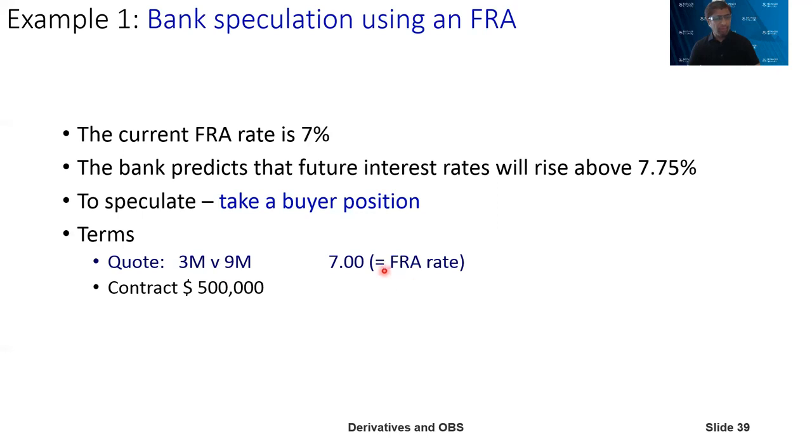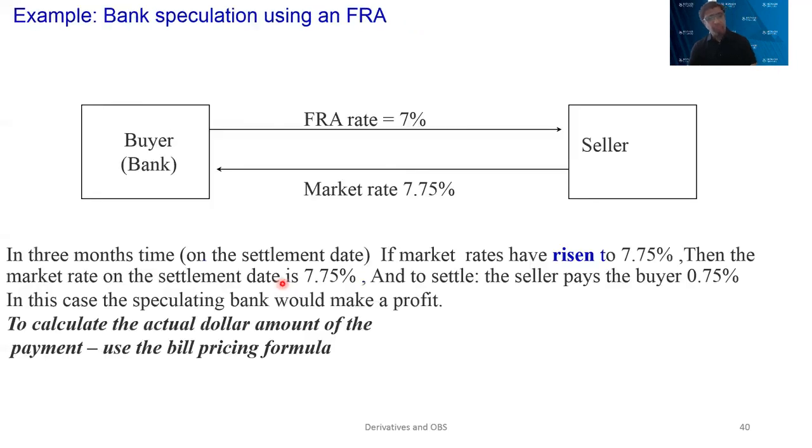So the FRA rate is 7%, and the contract amount is 500,000. Assuming that after 3 months, the settlement will happen when there is a change in the interest rate. So you have a buyer and a seller. As you can see, the FRA is 7%, the market rate is 7.75%.